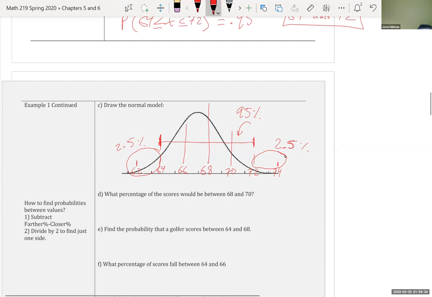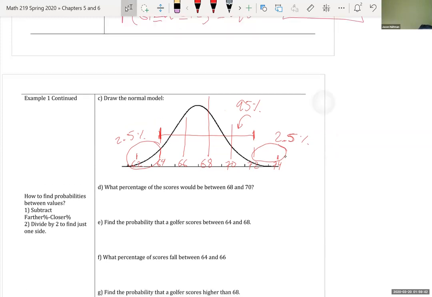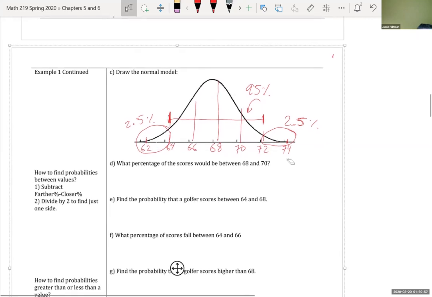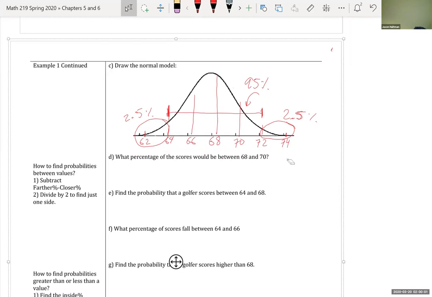Well, that's one standard deviation above.